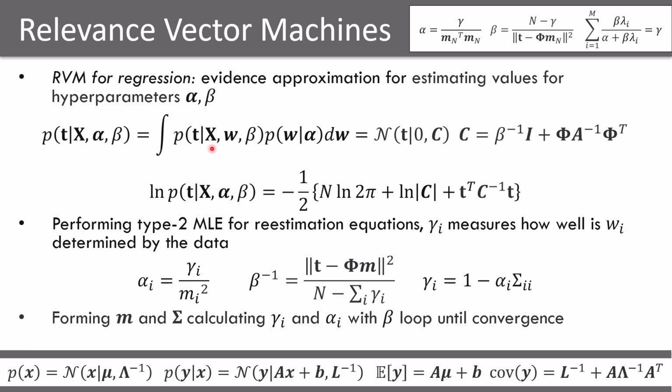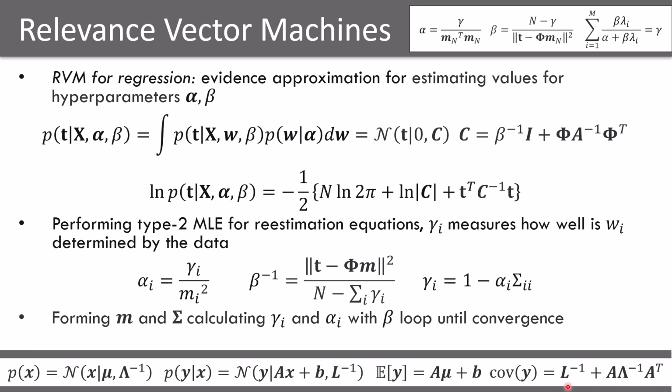It's simply the weights multiplied with the feature vector, and therefore the resulting mean of this convolution is 0. We also need to calculate the covariance matrix, which is calculated based on this already very familiar formula, where we have the L inverse.